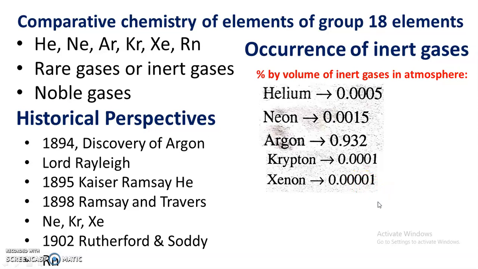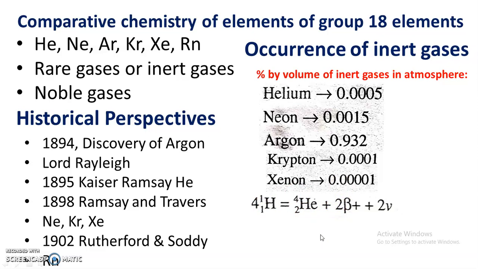The most important thing is that helium occurs in natural gas, and also in some minerals like monazite and pitchblende. Helium also occurs in the sun's atmosphere, so it is constantly produced by thermonuclear reactions in stars involving nuclear fusion, that is, hydrogen is continuously converted into helium and a tremendous amount of heat is generated during this fusion reaction.